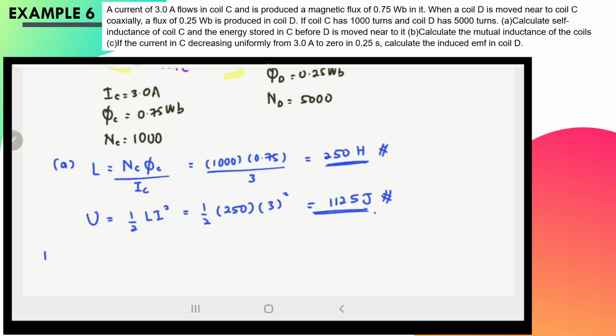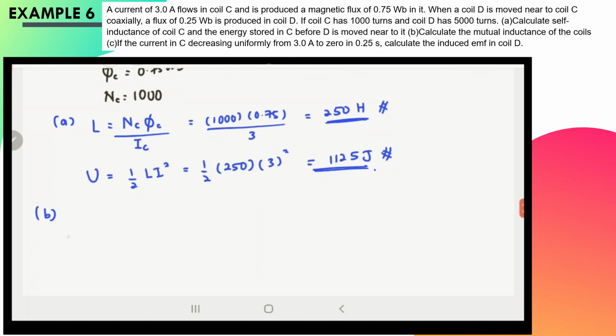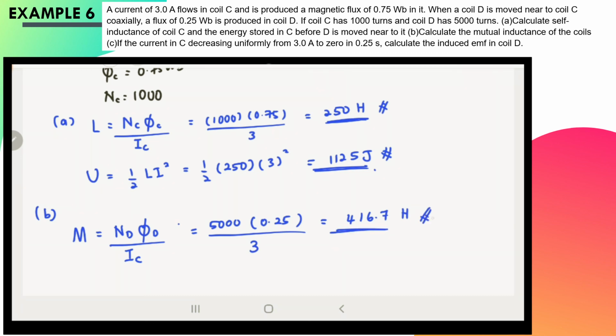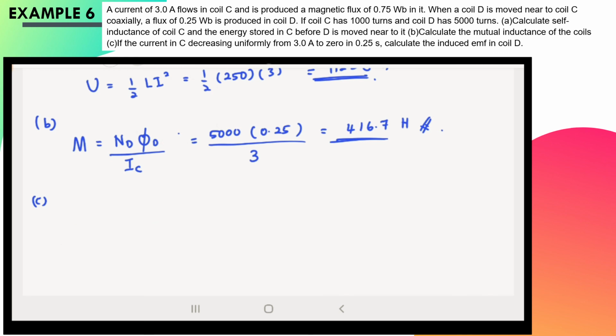So B, we can write M, where M is equal to the number of turns in D times the magnetic flux in D over the current in C. So it's equal to 5000 times the magnetic flux 0.25 over I_C, which is 3, so it's equal to 416.7 Henry.